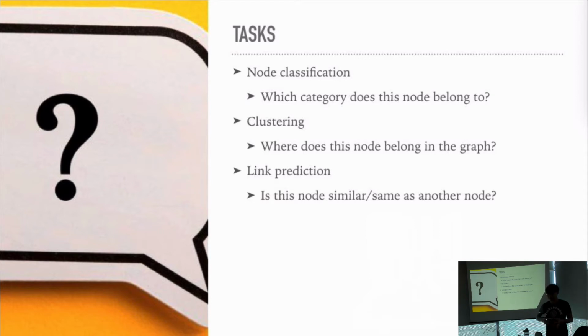Then clustering: where should I put this node in the whole graph? That's what you can do with embedding. And lastly, link prediction, because you can know how similar one node is to another.